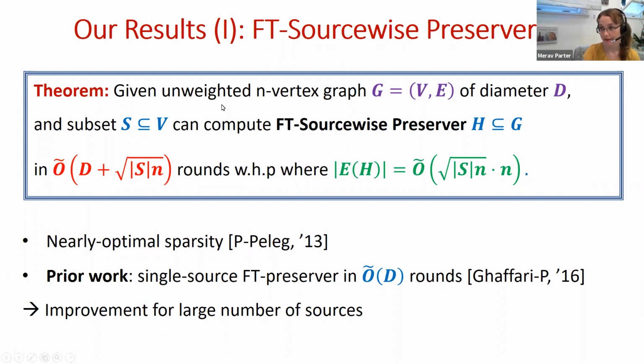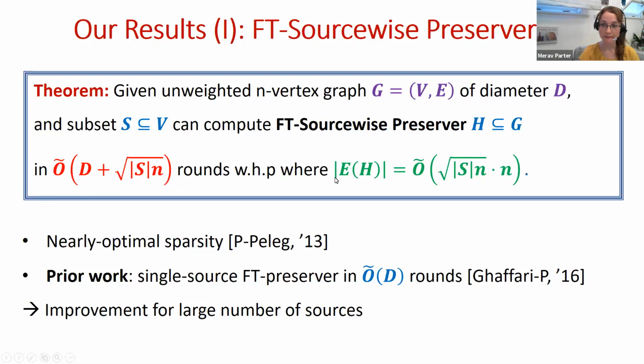For a given unweighted undirected graph G of diameter D, and a subset of sources S, we can compute this fault-tolerant source-wise preserver with this many rounds, which is sublinear provided that the diameter is sublinear and that the number of sources is sublinear. And the sparsity of the structure is this, which is square root of S times n to the 3/2. And this sparsity was shown to be nearly optimal by a previous work with David Peleg.